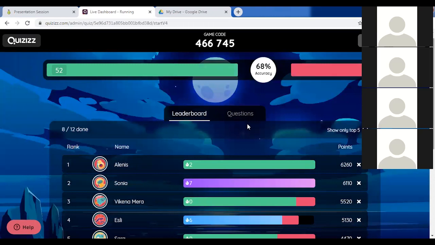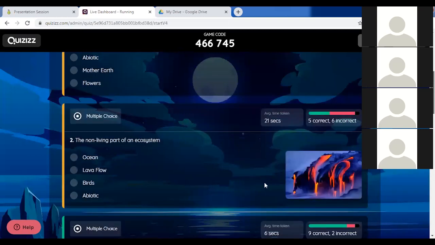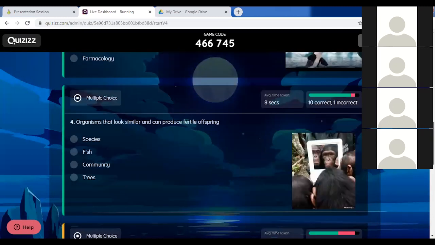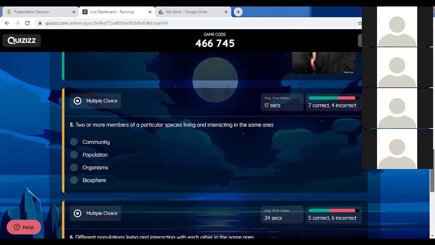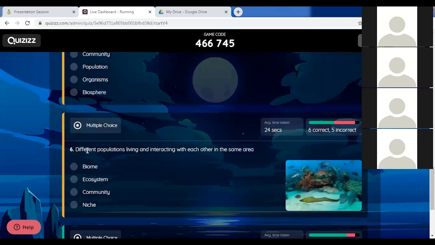Okay. From the question here, the non-living part of an ecosystem is called the abiotic. Then we have another question that you made some mistakes on. Different populations living and interacting with each other in the same area make up a community.